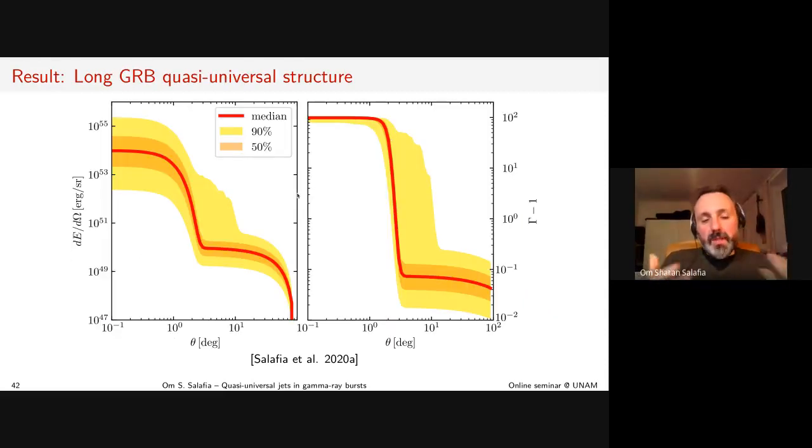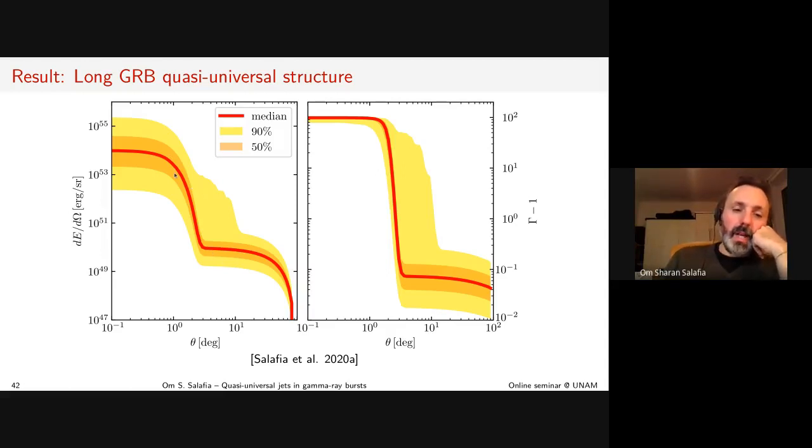And what we found, obviously, since the properties of the jet are very similar to each other at launch, then also the jet structures that we get are very similar at breakout, also because the progenitors are all the same, with some distribution. So here you see the distribution of the energy per unit solid angle in the jet and the average Lorentz factor in the jet material, and also in the cocoon, which is the wider part, which is shown in the bottom right of the leftmost figure.